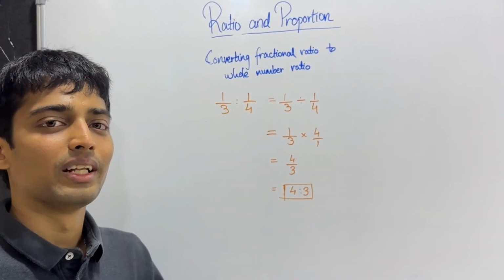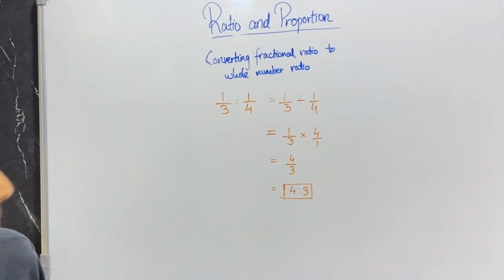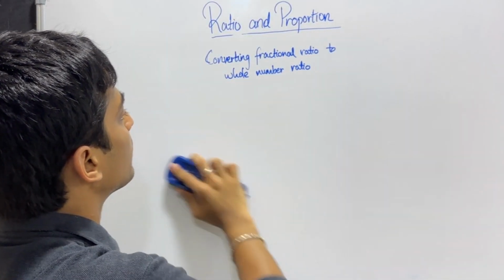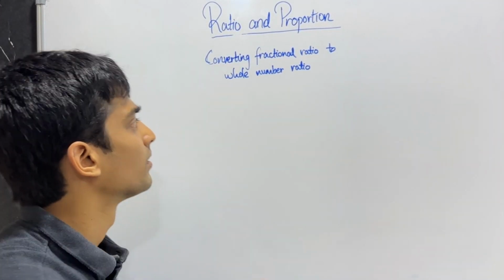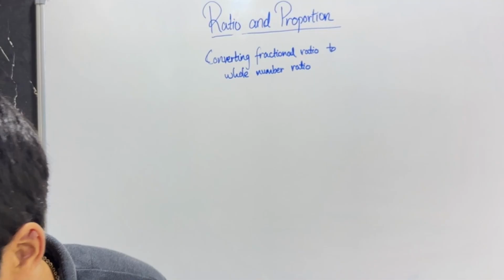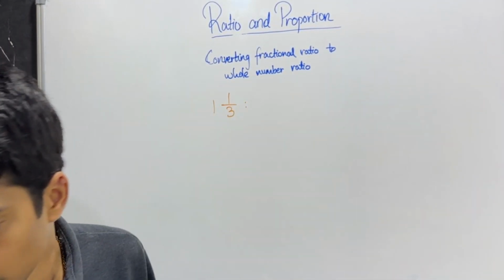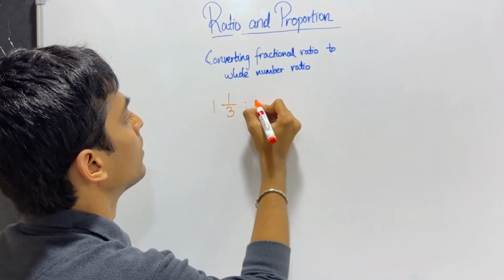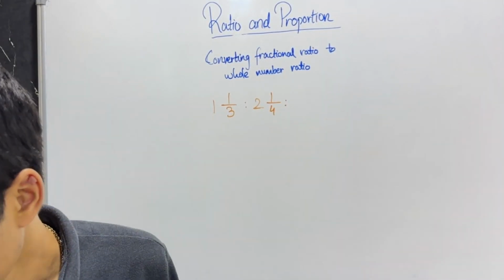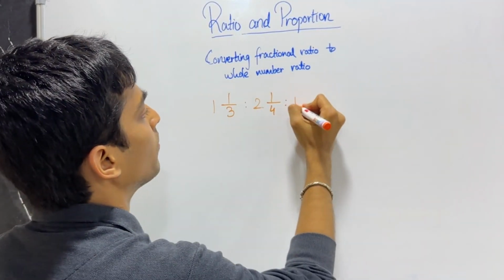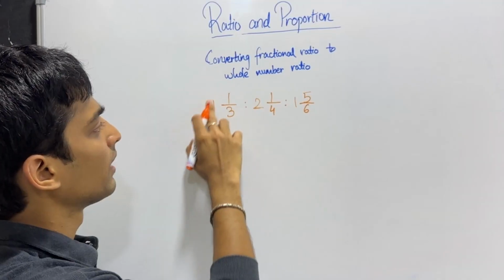So this was the case when there were two terms. Now let's see when we have three terms of fractions. Let's say we have three terms. So we have the question: 1 1/3 ratio 2 1/4 ratio 1 5/6. Now the first step would be to convert them into improper fractions.